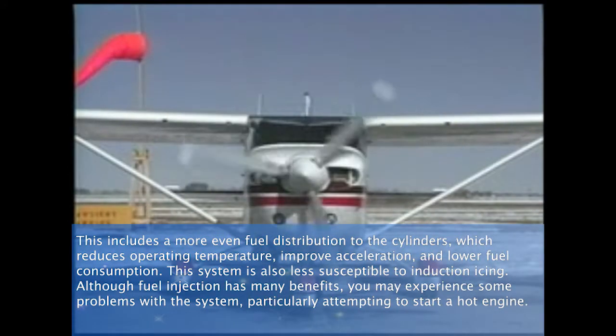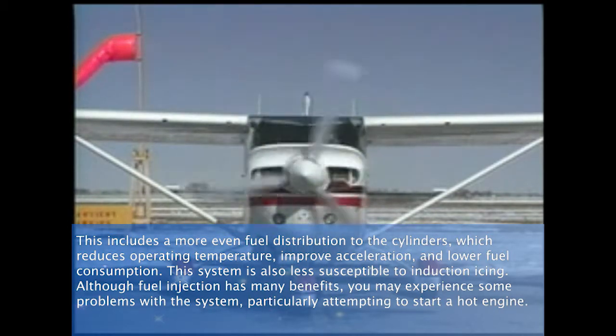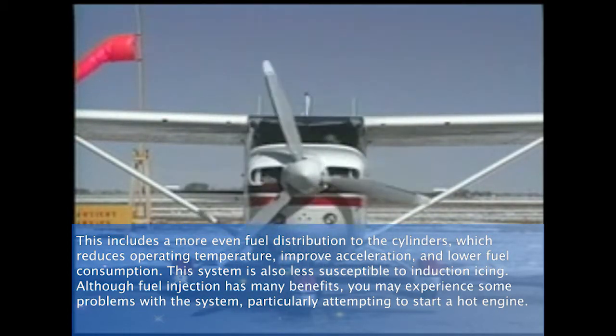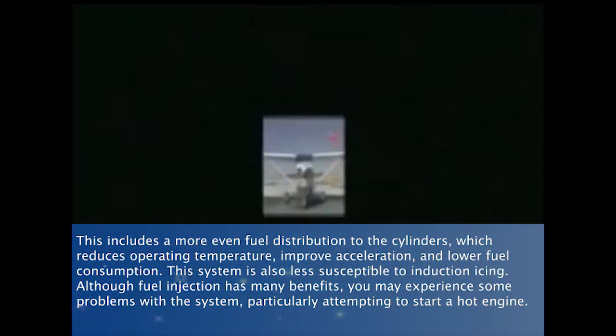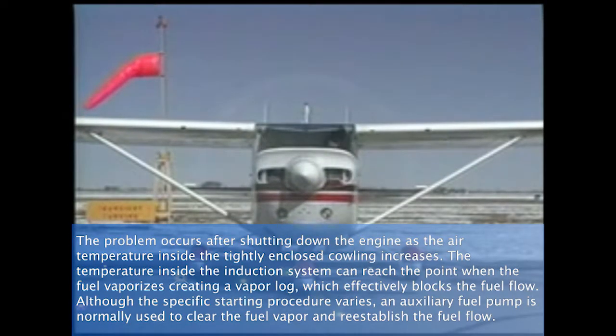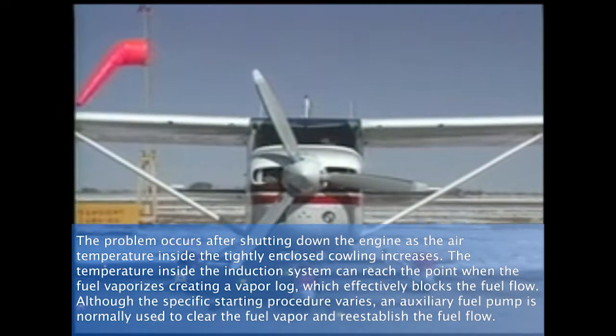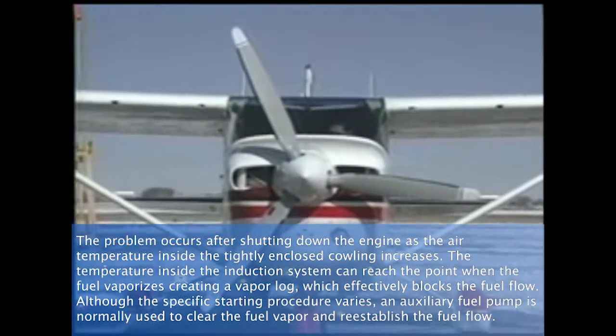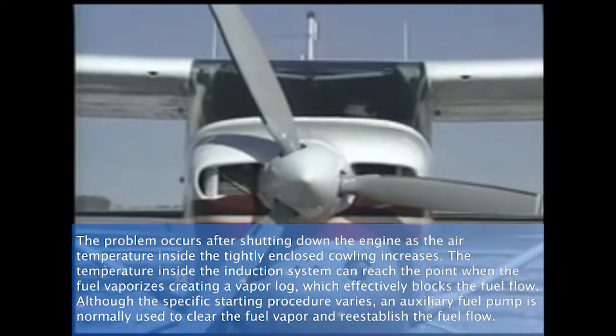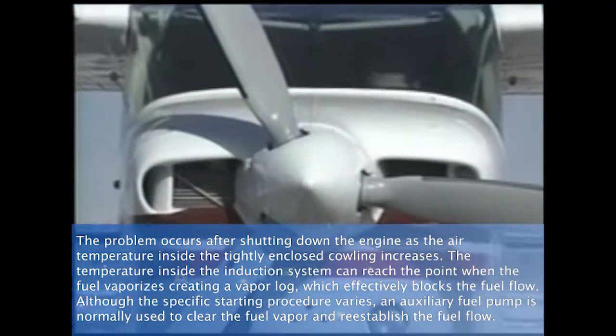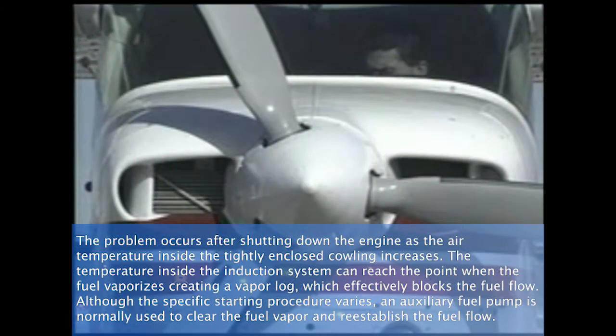Although fuel injection has many benefits, you may experience some problems with the system, particularly when attempting to start a hot engine. The problems occur after shutting down the engine as the air temperature inside the tightly enclosed cowling increases. The temperature inside the induction system can reach a point where the fuel vaporizes, creating a vapor lock, which effectively blocks the fuel flow.